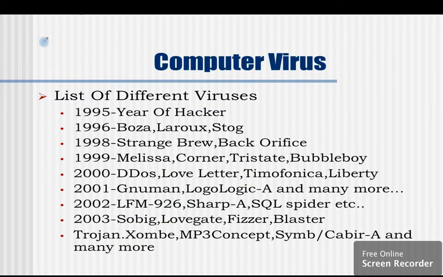Now there are more computer viruses. Here is a list of different viruses. You can see in 1995 a hacker virus, 1996 Boza, 1998 Strange Brew and Back Orifice, 1999 Melissa, and 2000 Love Letter and Liberty DDoS, and 2001 and many more. 2002 and 2003, Sobig and Fizzer, Blaster.